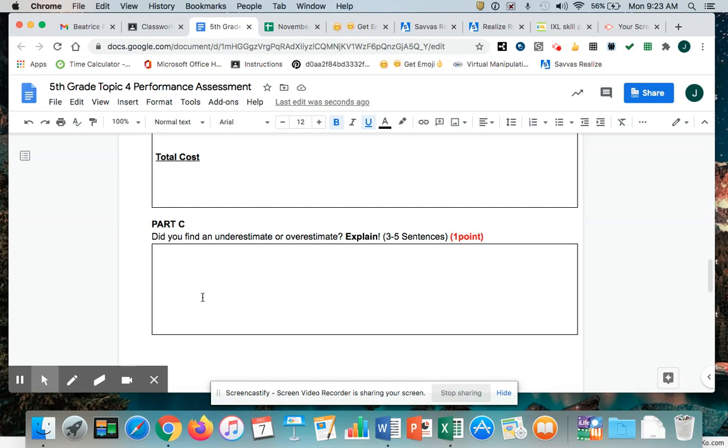If you only tell me if it's an underestimate or an overestimate, you will not receive any credit. You need to explain your thinking and explain why you chose what you chose, and make sure your answer is reasonable and makes sense. Okay? Do not just tell me underestimate or overestimate. You have to prove your thinking and explain why.